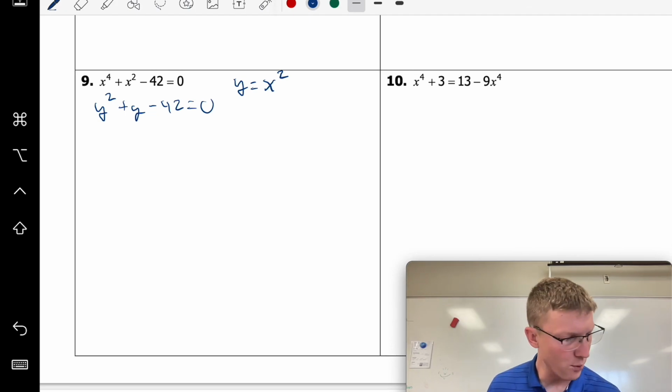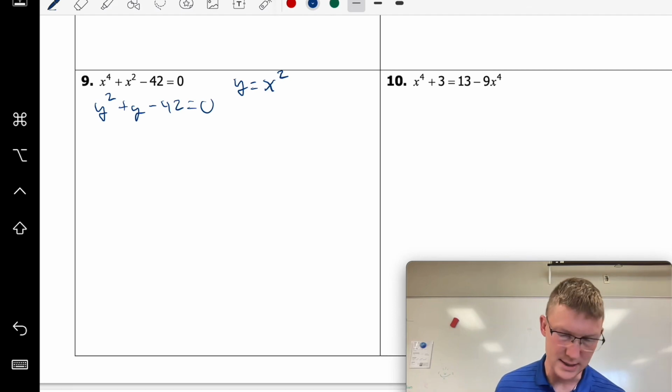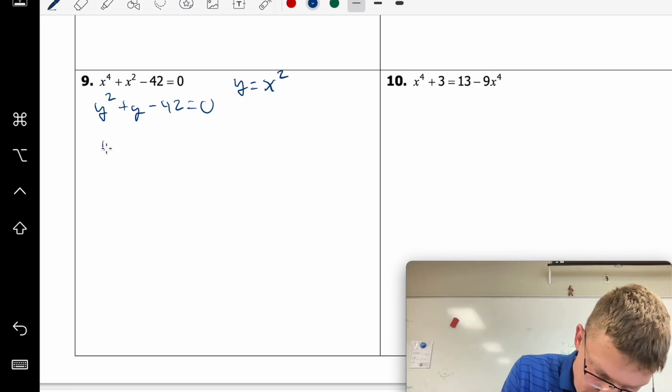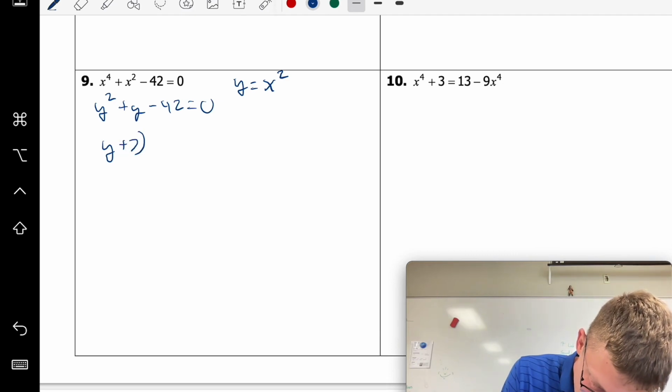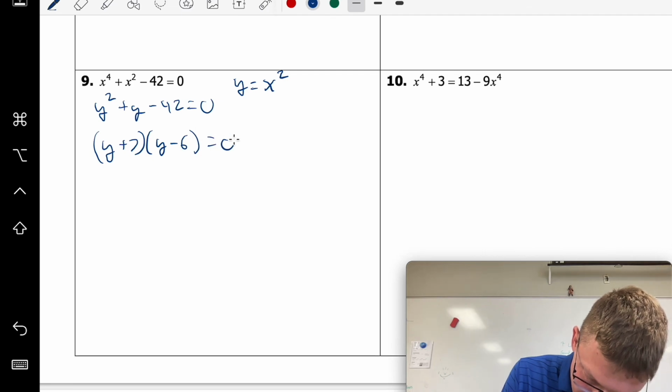So if I look at 42, we're going to see if this is factorable. 42 divided by 2, I need them to subtract together to get to 1. So not 2; 42 divided by 7 is 6. So we're going to have y plus 7, y minus 6 equals 0.